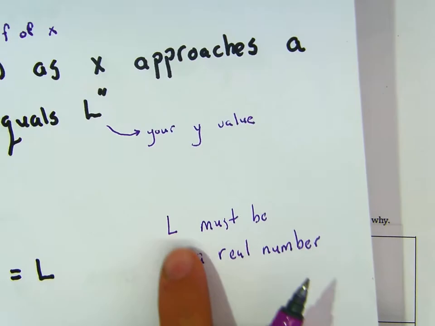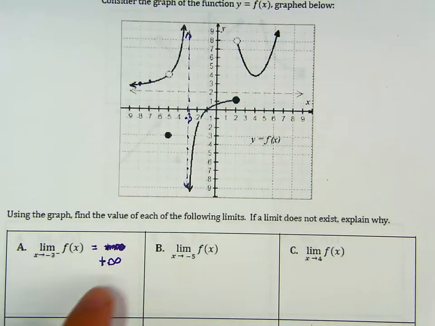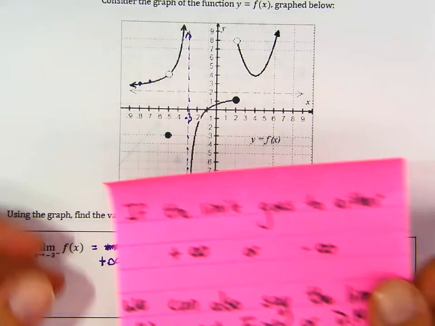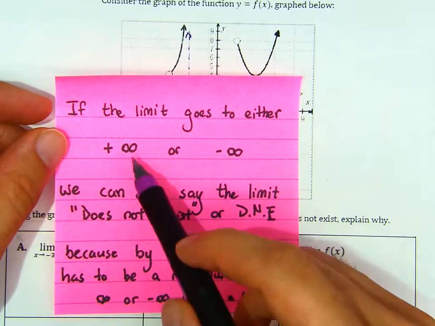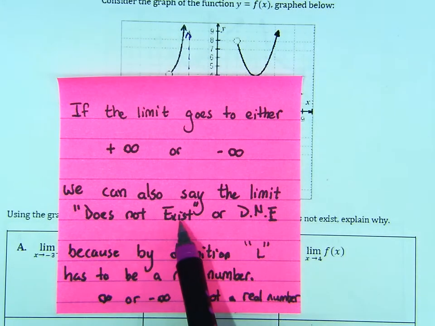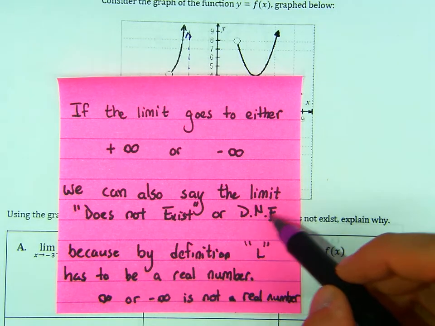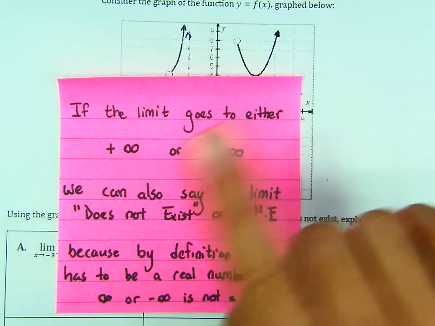But notice that L also must be a real number. And the question is, is infinity a real number? Let me just have this in our notes. If the limit goes to either positive infinity or negative infinity, we can also say that the limit does not exist, or we could say DNE, because by definition, L has to be a real number, and infinity and negative infinity are not real numbers.